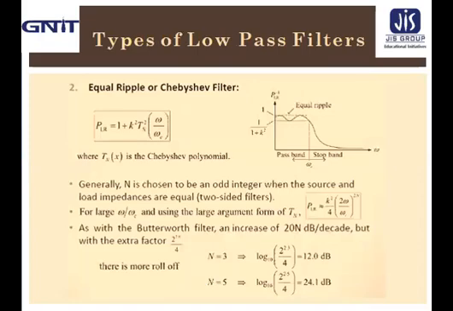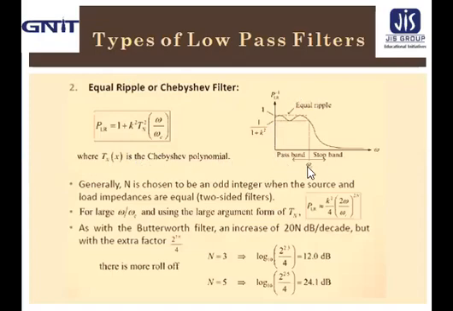The second one is the equal ripple or Chebyshev filter. For this type of filter, the power loss ratio PLR equals 1 plus k squared T n squared of omega by omega c, where Tn(x) is the Chebyshev polynomial.